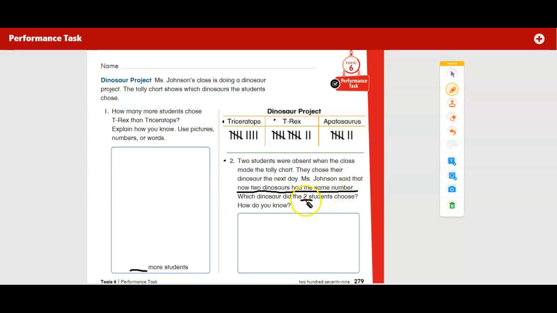Would these 2 votes go to Triceratops, T-Rex, or Apatosaurus? So imagine if 2 votes were added to Triceratops, it would show 1, 2. Does this vote make any of these dinosaurs match?